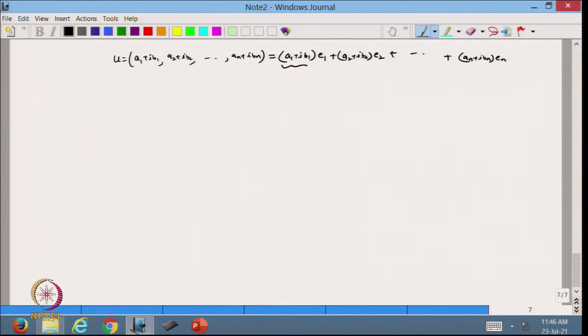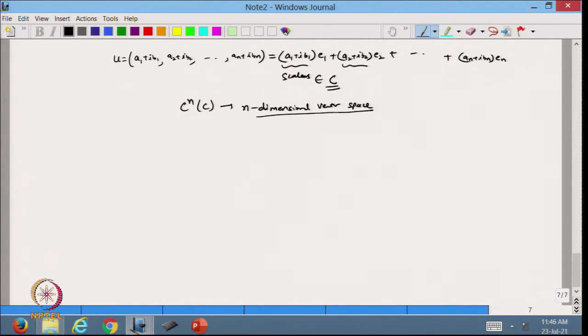So, these are all scalars coming from the set of complex numbers. So, we know that Cn over C is an n dimensional vector space.